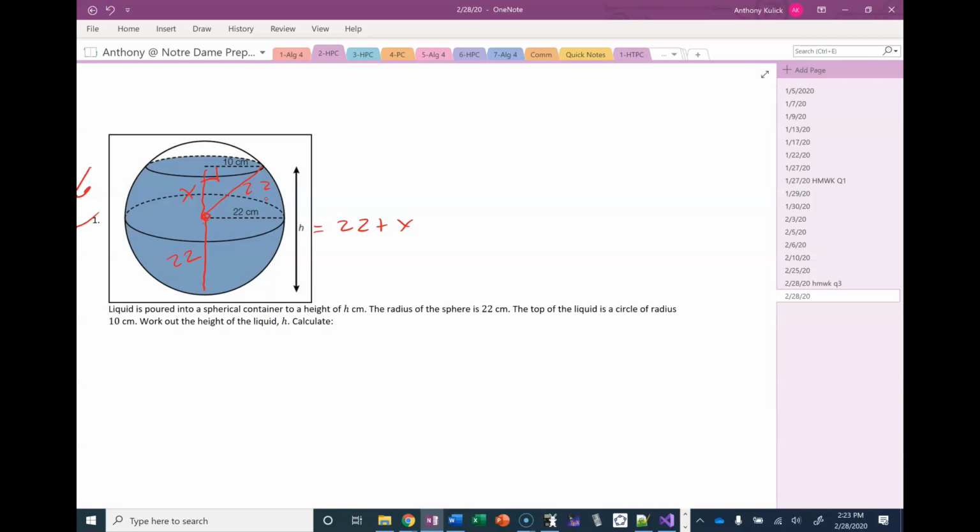Bella, are you happy with that? Can you solve it? I mean, this comes out to be like 41.6. Is that what you wanted, me to just say the answer? Well, okay, x is the square root of 22 squared minus 10 squared, right?